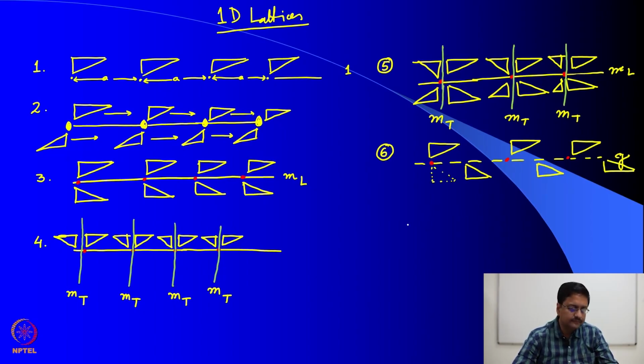And the seventh and last type of 1D lattice is a combination of glide and a translational symmetry element, which I am now trying to draw.